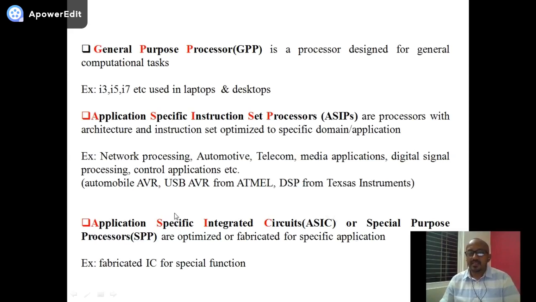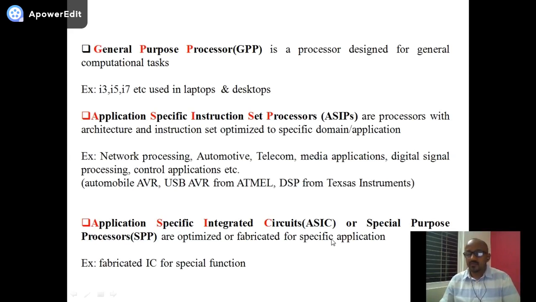And the ASIC, application specific integrated circuits. These are special purpose processors, optimized, or we can say fabricated, for specific applications.